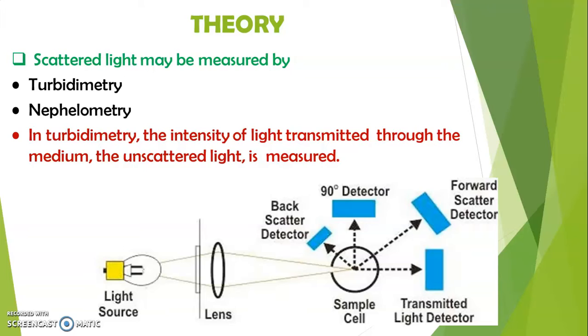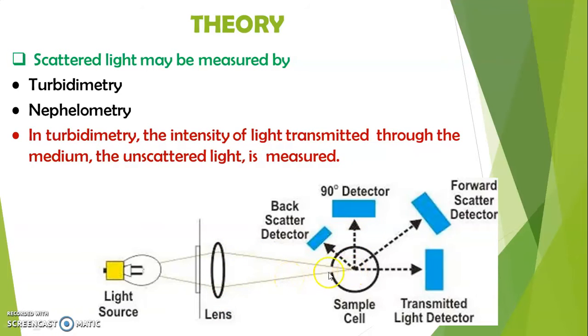In turbidimetry, the intensity of light transmitted through the medium, the unscattered light, is measured. So if we look here, this is a diagrammatic representation of how the instrument works. The light source shines light on the sample solution through a lens.